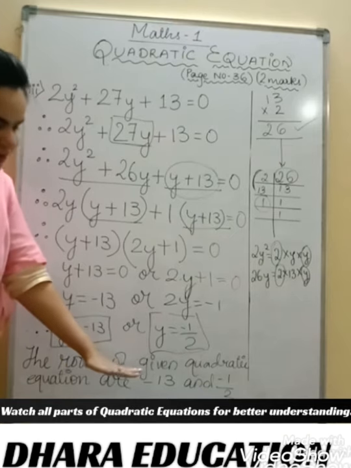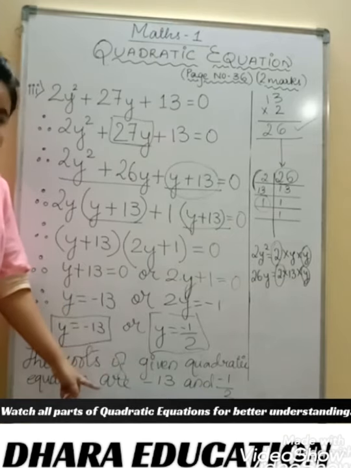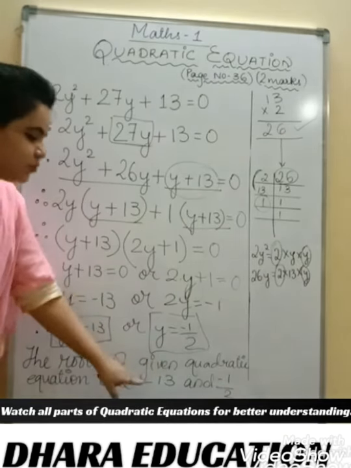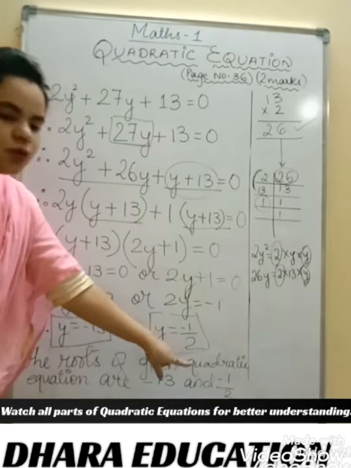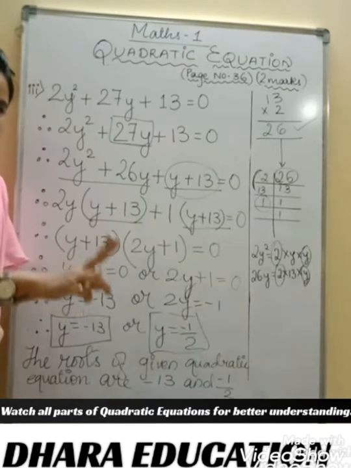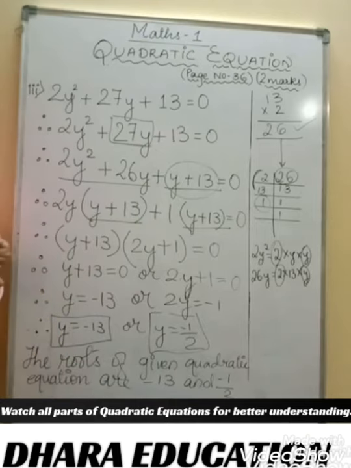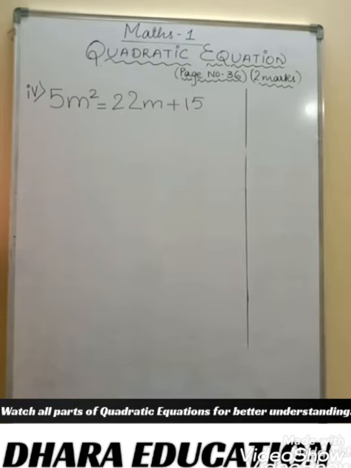If there were only minus 13, then you would write 'is'. But both numbers, minus 13 and minus 1 upon 2, are there. It means 2, it is plural. So we have to write 'are' here. Am I clear?